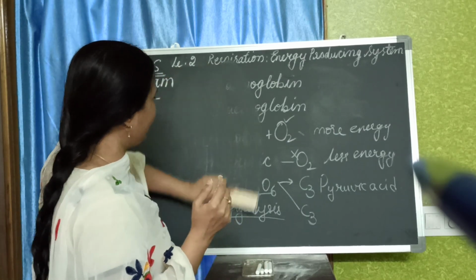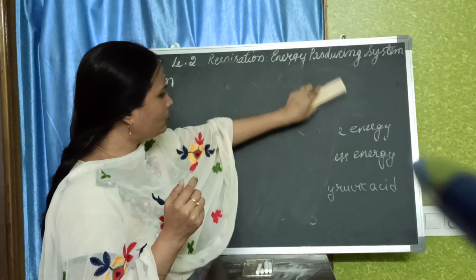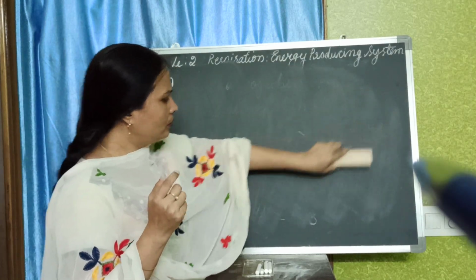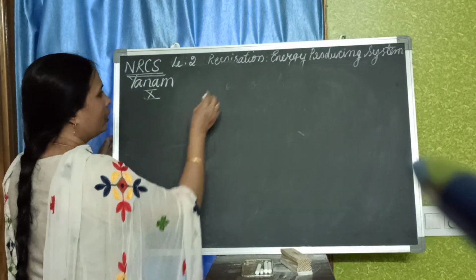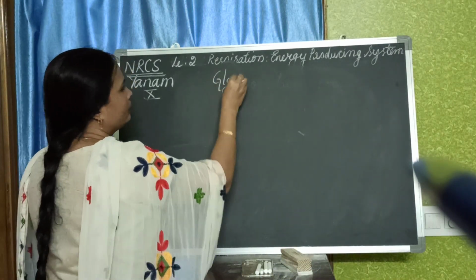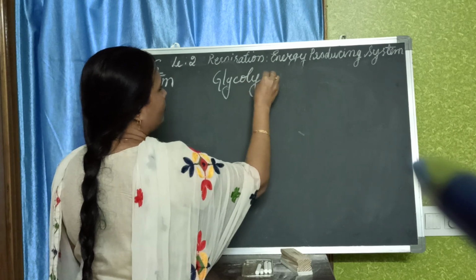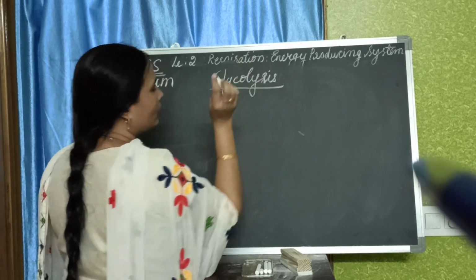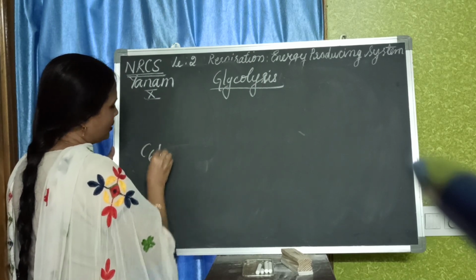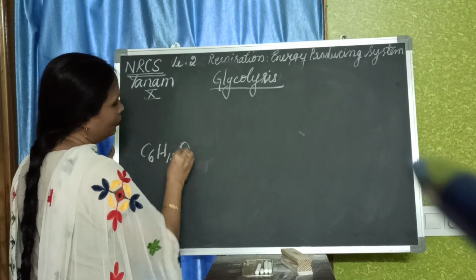I'll wipe the board and make it a little more clear for you. Glycolysis. Breaking down of glucose, C6H12O6.